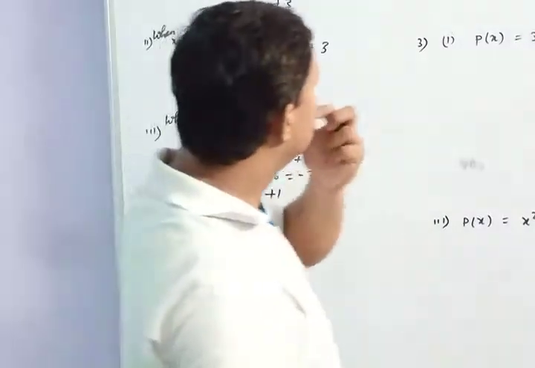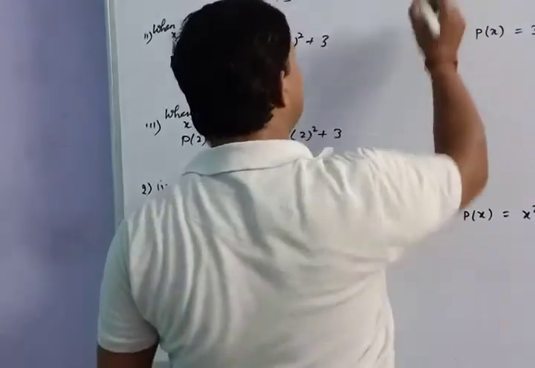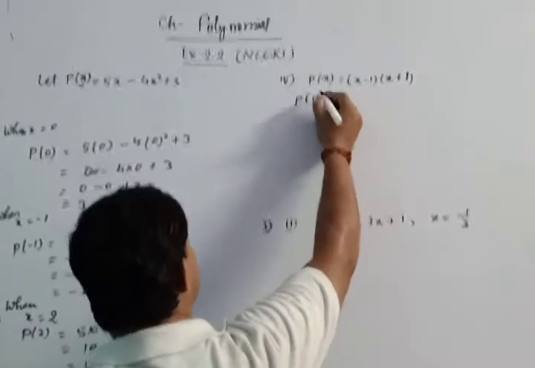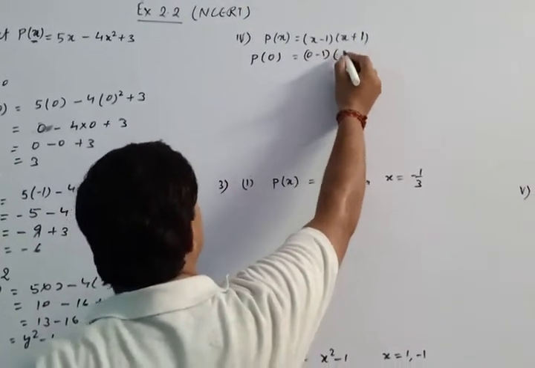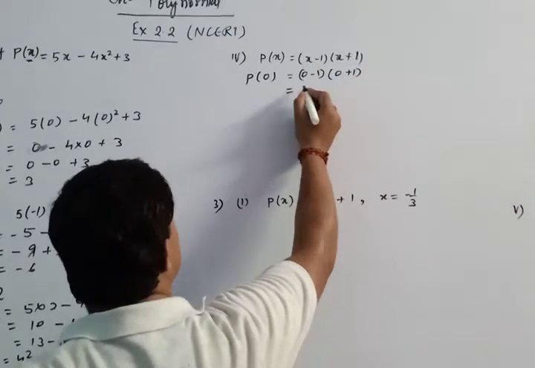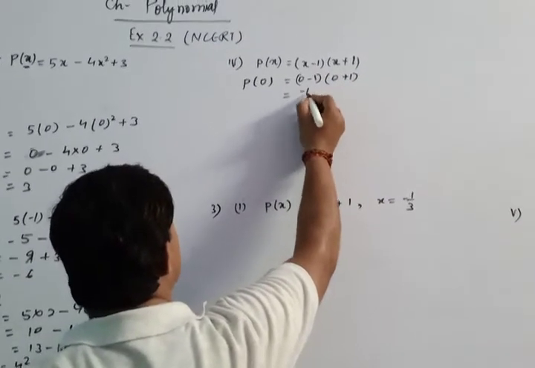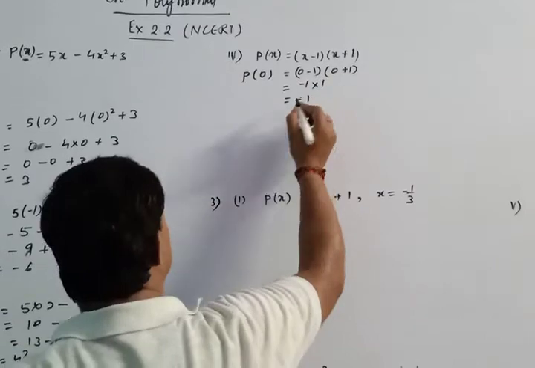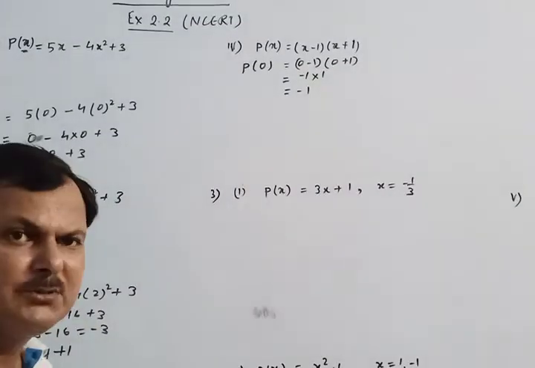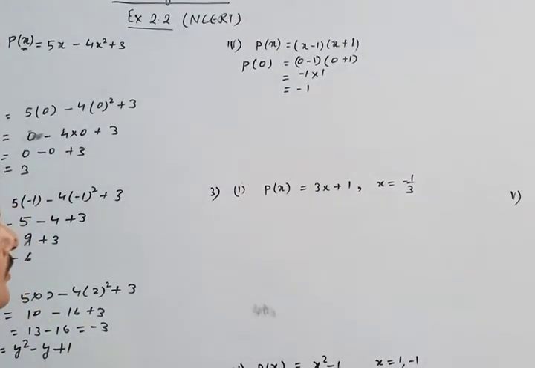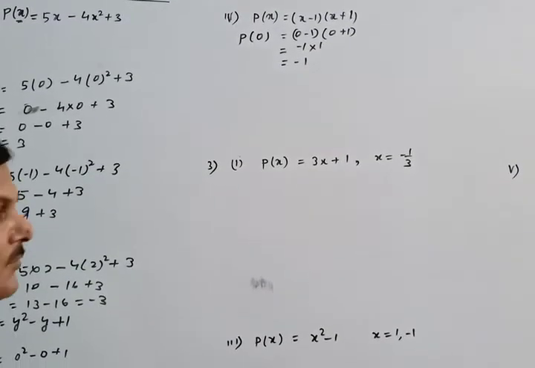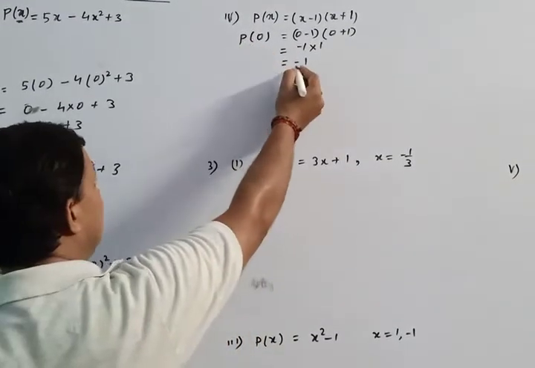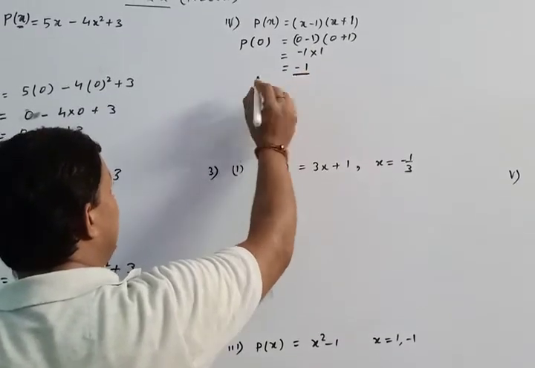Clear? Now, in this question, again we have to find p(0). Wherever x is, it is replaced by 0 and we see what comes. So here will be -1, here will be 1. The answer will be -1. Means when you substitute x is equal to 0, the polynomial gives us -1.